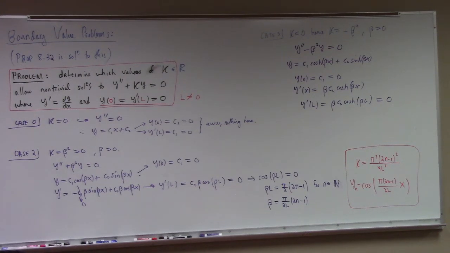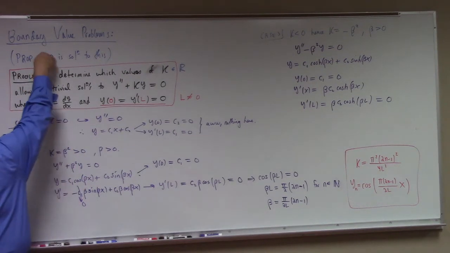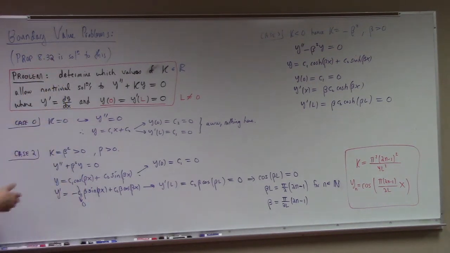Or, to be safe, use the proposition number, look at the notes, and just say by that proposition, we know the solution is that. All right? And you don't have to go through all of this again whenever you come to such a problem.